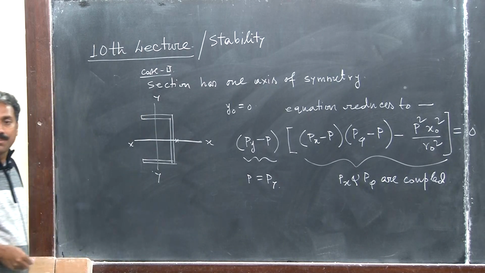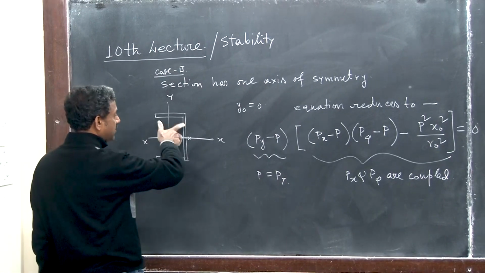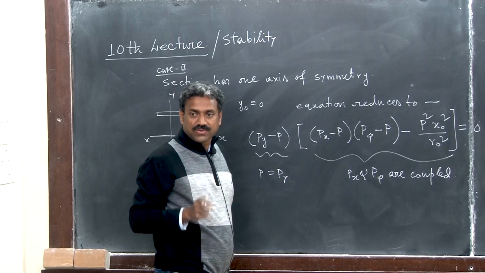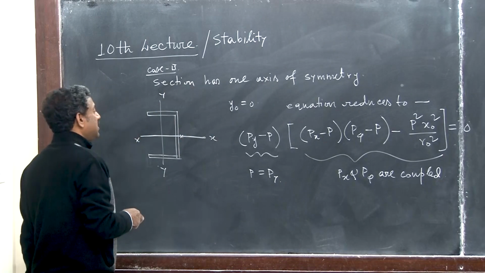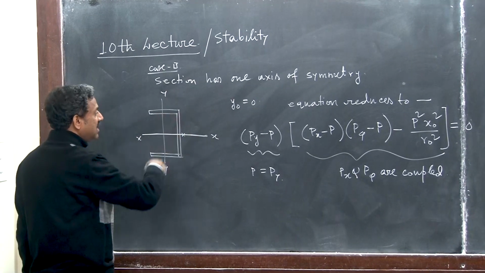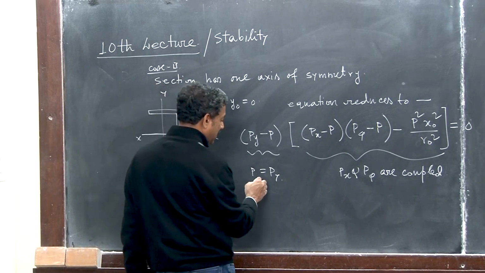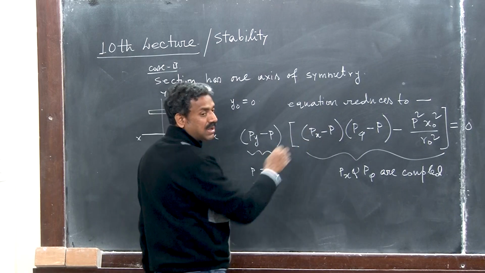It does not have torsional coupling, but as soon as it tries to buckle with respect to y, then it will be combined. So the flexural buckling with respect to the y axis and torsional buckling are coupled, right. So it can either buckle independently with respect to this axis or in a combination, right.